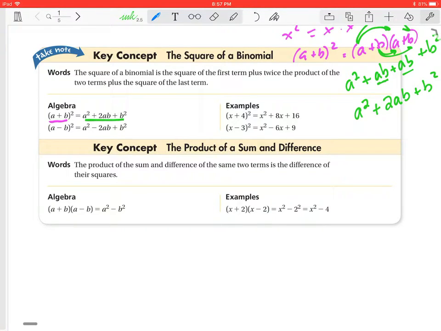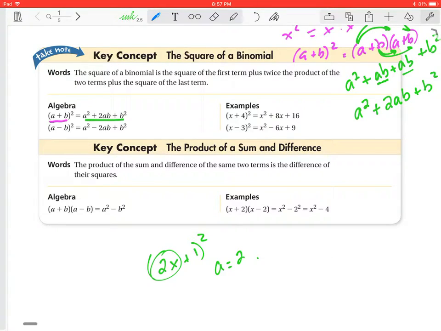Now, I can think of this a number of ways. I can think of my a value as the value that's in front of my coefficient term. So I could think of, for example, 2x plus 1, and let's say that's squared. I can think of my a value as the value in front of x, so that would be 2.